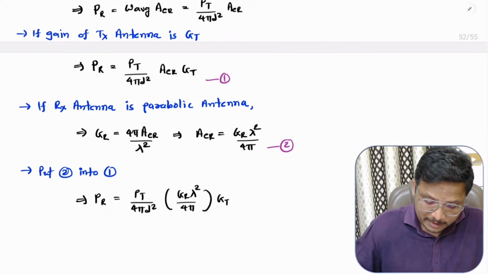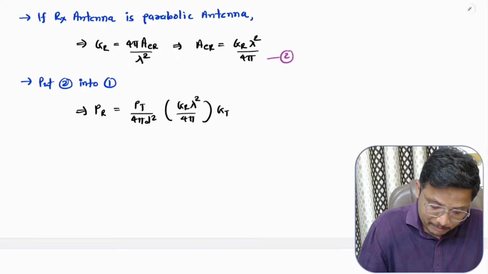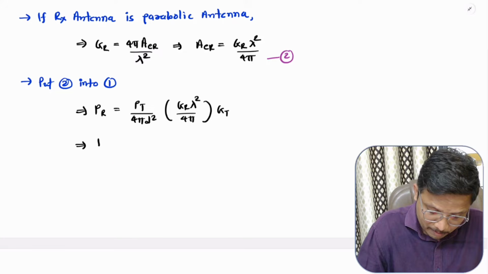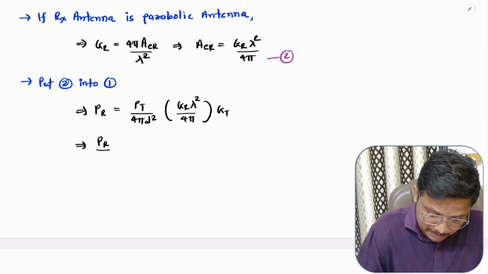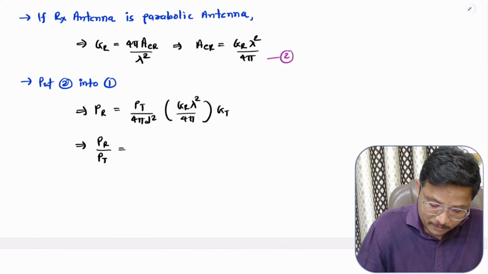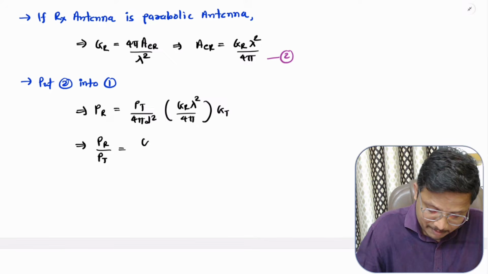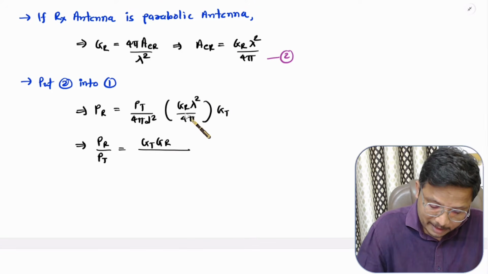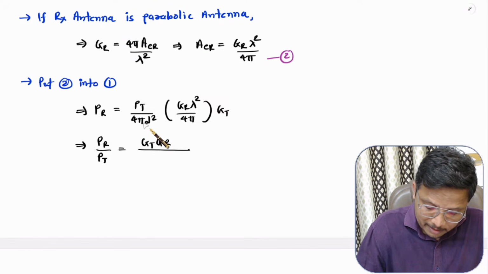In the Friis transmission formula, we identify the ratio of received power with respect to transmitted power. So we will have GT GR in the numerator, and in the denominator we will have 4 pi square d square divided by lambda square.